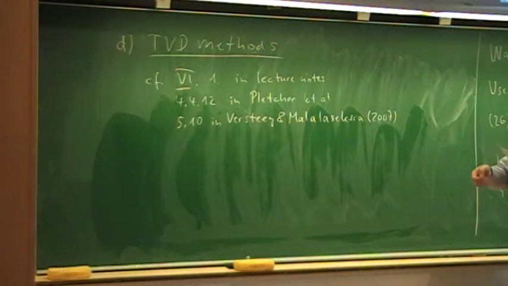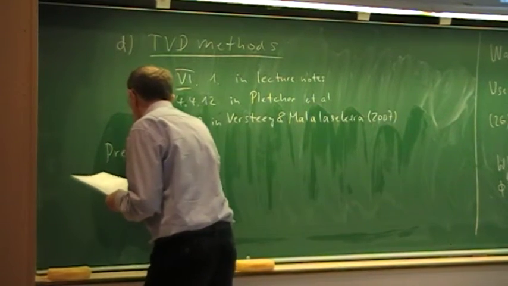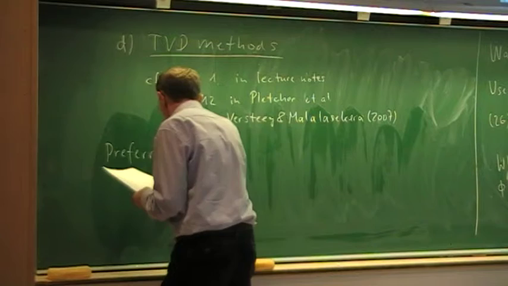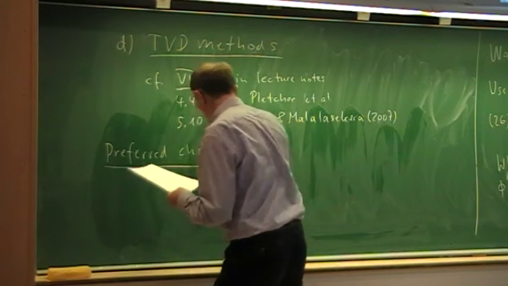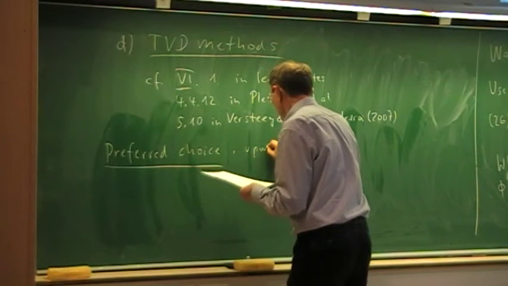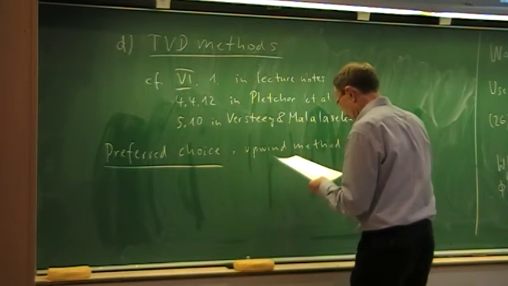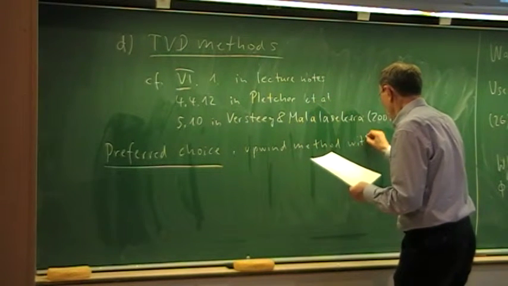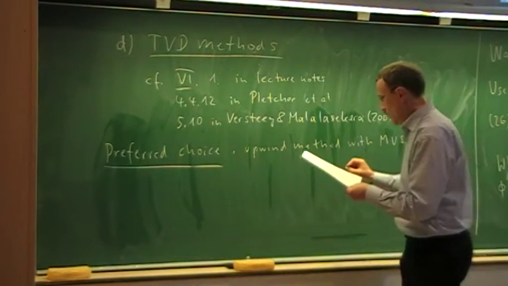So then you can use some TVD method. The preferred choice is to use the upwind method with MUSCL. So then you get higher order, and to use some limiter.